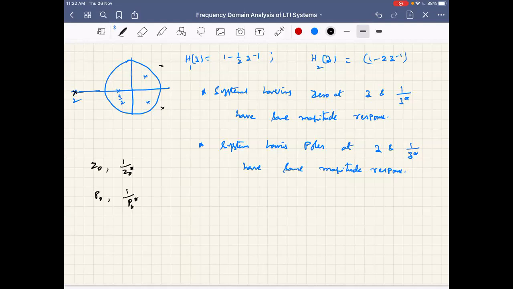If it is p naught, and you already have its conjugate p naught star, then 1 by p naught. All these pairs will have the same magnitude response. You can either select from here or select from here. You will have the same magnitude response.